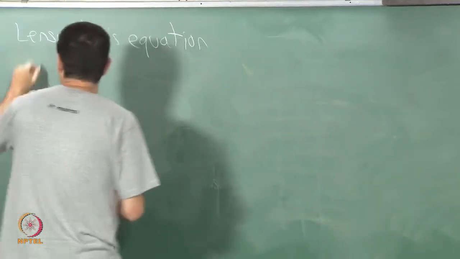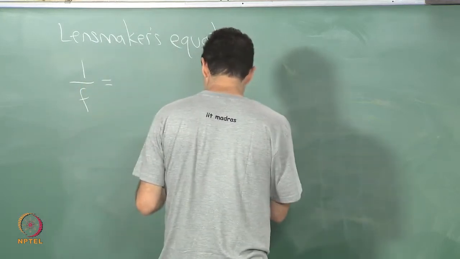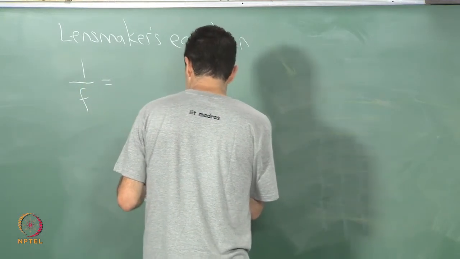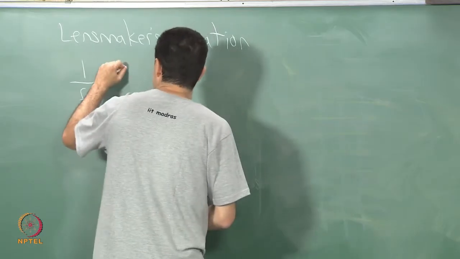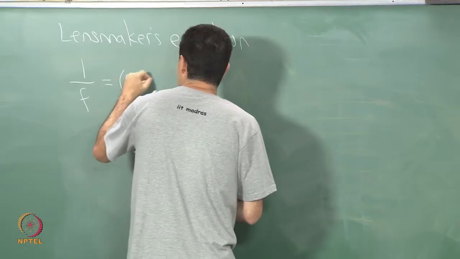equation. So 1 over the focal length is equal to, let's say, N2 minus N1.